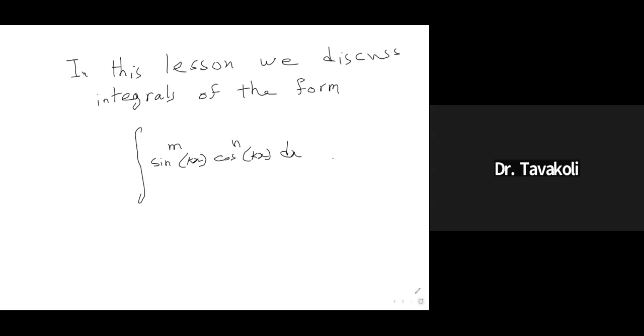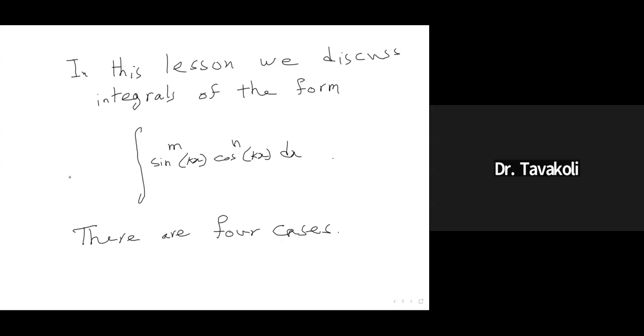So there are four cases. As you will see, the first three cases are kind of similar to each other. So case one. Case one is the case that the power of m is even and the power of n is odd.